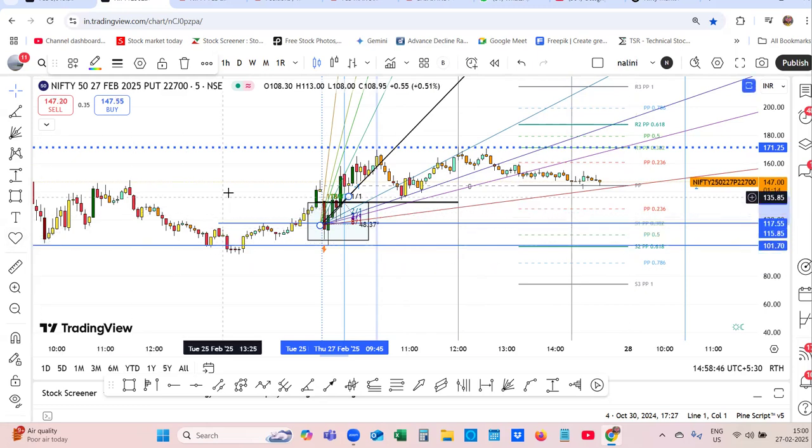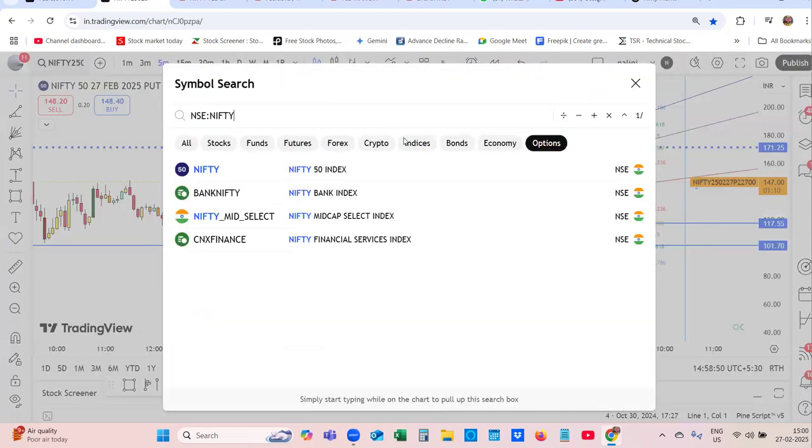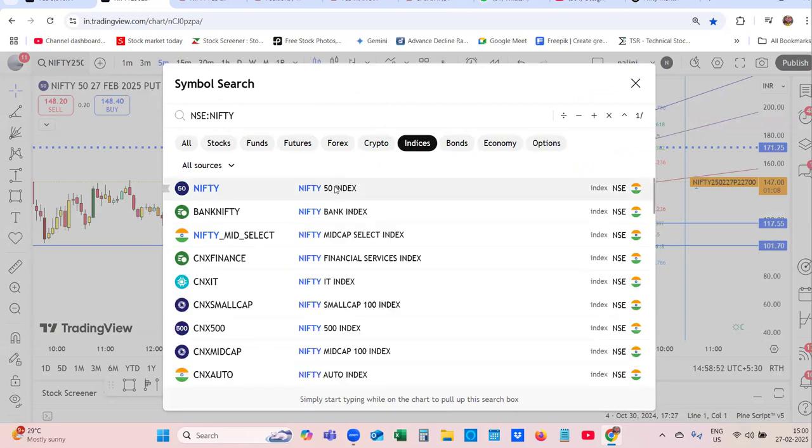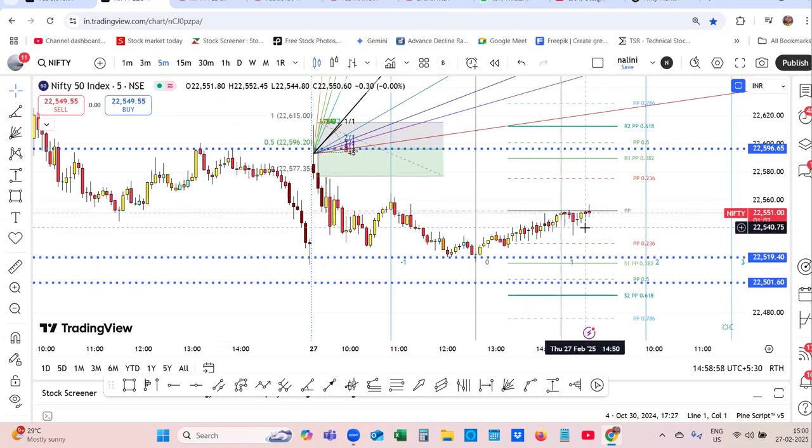The underlying, let me go to the Nifty index, we'll check what it is doing. The index is choppy and has come to the place where it started.